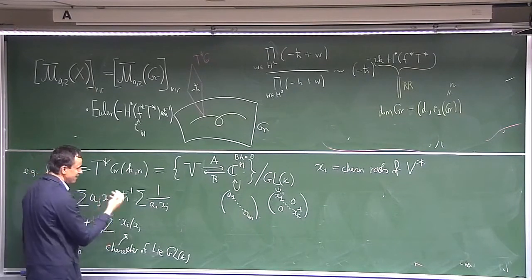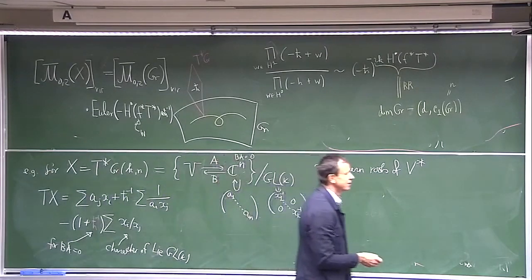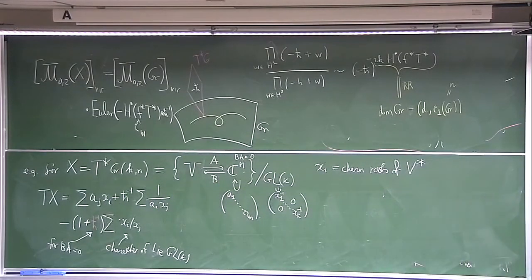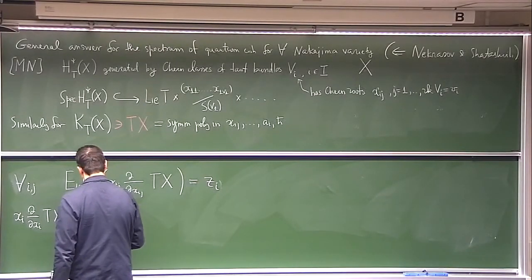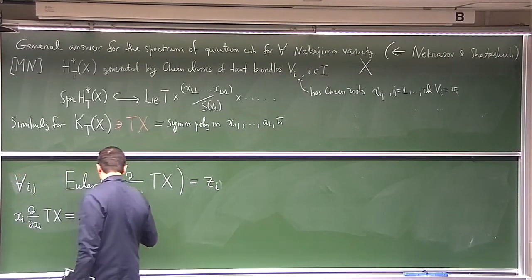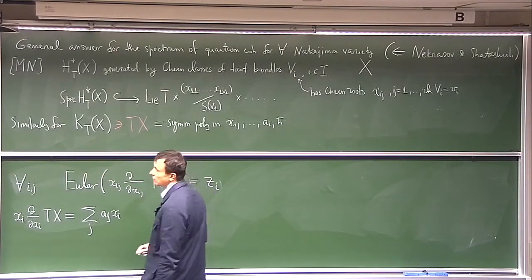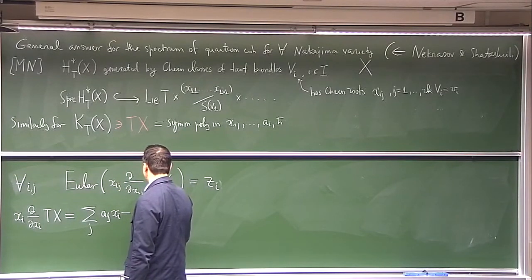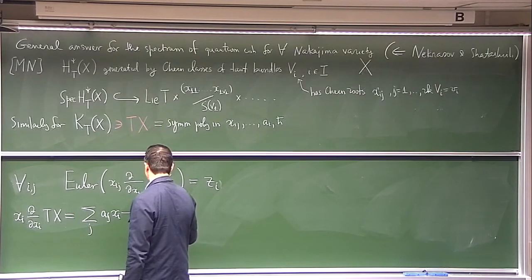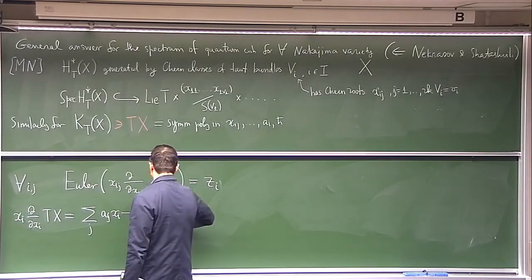So this would be the summation over j of ai aj times xi minus, as the other guy is going to go in the denominator, minus 1 over h bar aj xi.